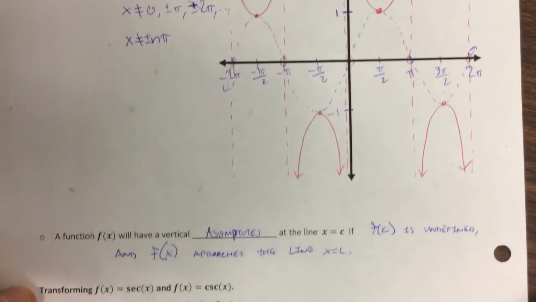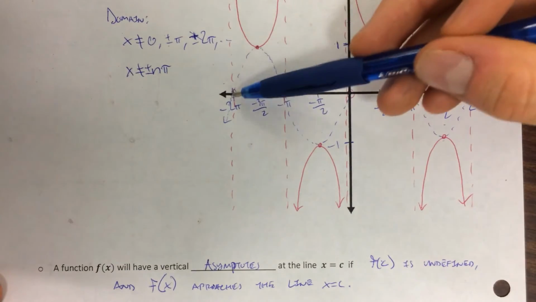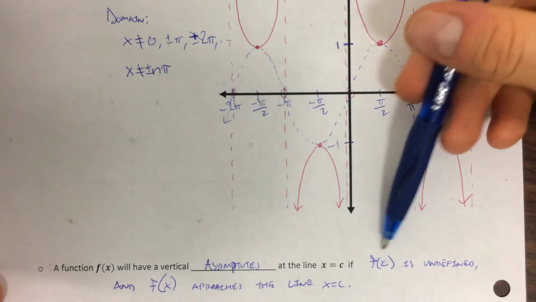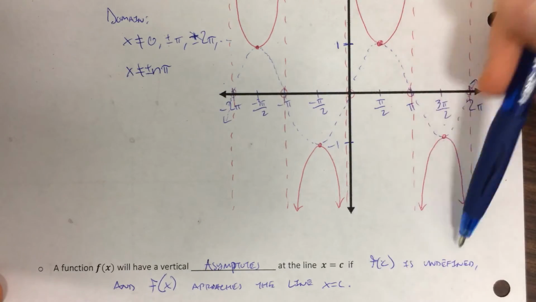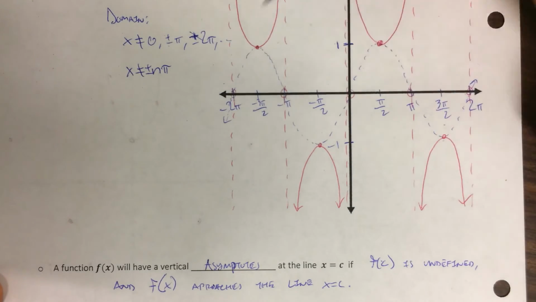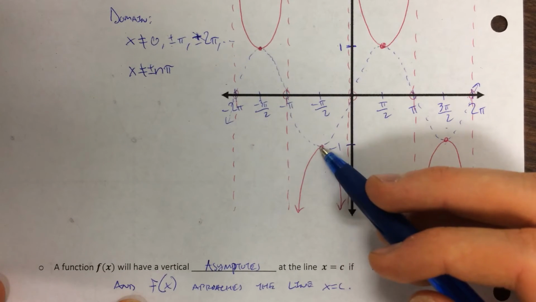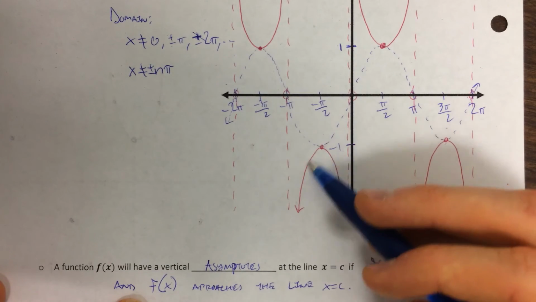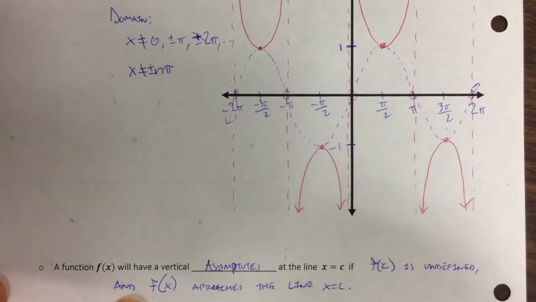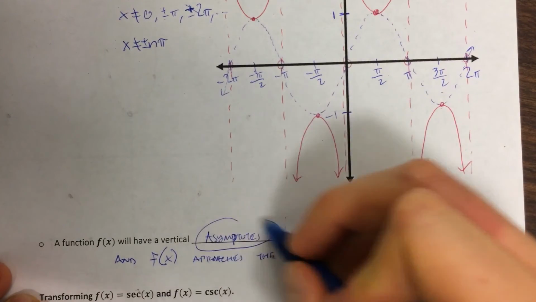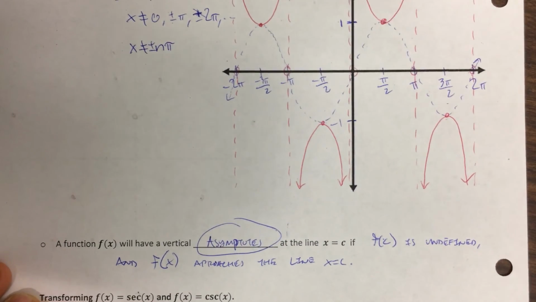So essentially the asymptotes occur here at these undefined lines because the function is undefined at these values, but also as we get closer to this value, the function approaches that line. So it gets really, really close to it and doesn't touch, and so we call that an asymptote.